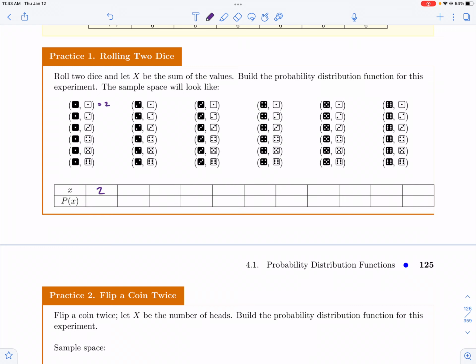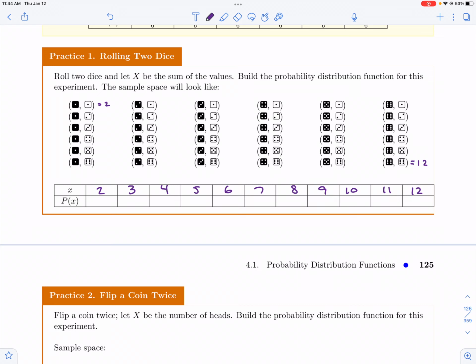So I'm not going to have anything smaller than a 2 on my list. And if I go over here, 6 plus 6 gives me 12. That's going to be my biggest possible roll. And then I can have anything else that lives in between them. So I can have either 2, 3, 4, 5, 6, 7, 8, 9, 10, 11, and then finally 12.